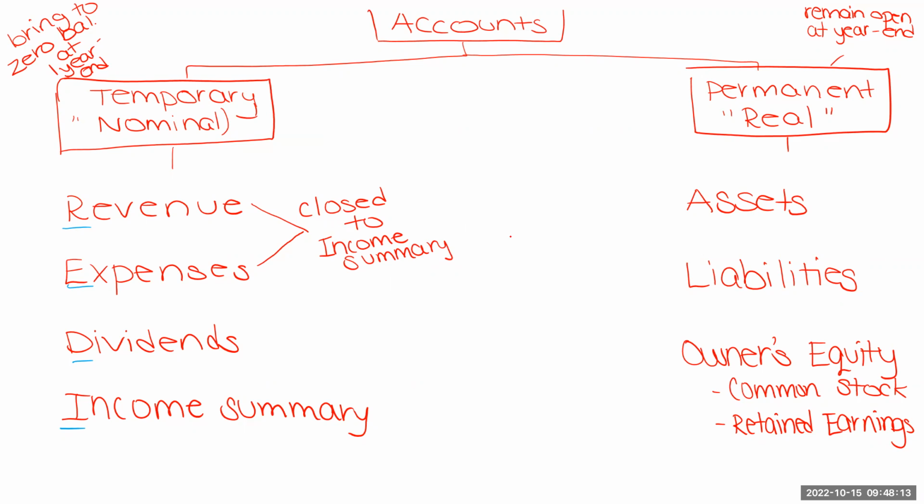All right. And then after we've closed revenue and expenses to income summary, we will close dividends and income summary. That will get closed to retained earnings.